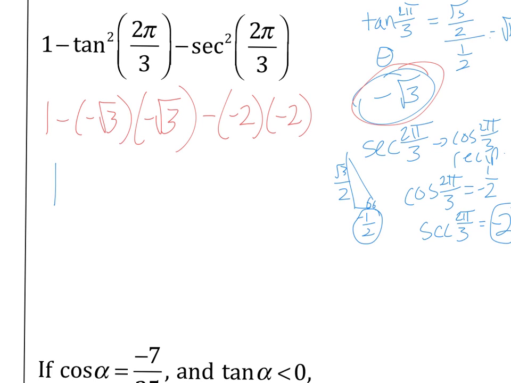Cool. Negative square root of 3 times negative square root of 3 is positive 3. So it ends up being 1 minus 3. Then I've got the minus there. Negative 2 times negative 2 is going to be positive 4. 1 minus 3 is negative 2. Minus 4 is negative 6.